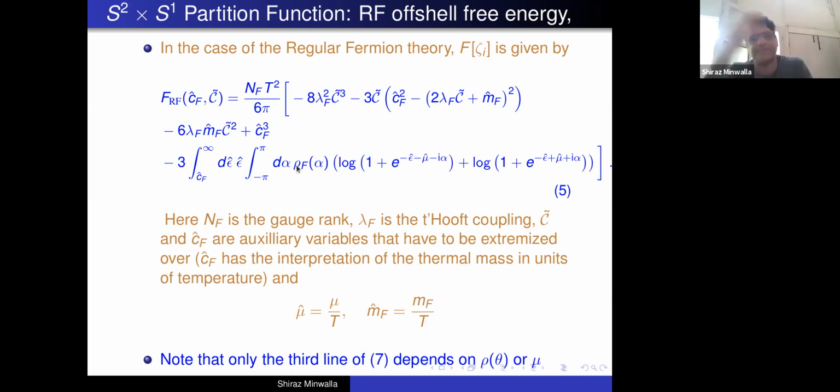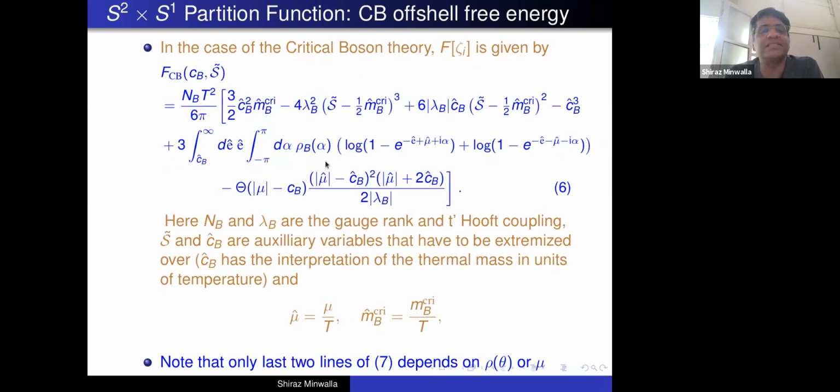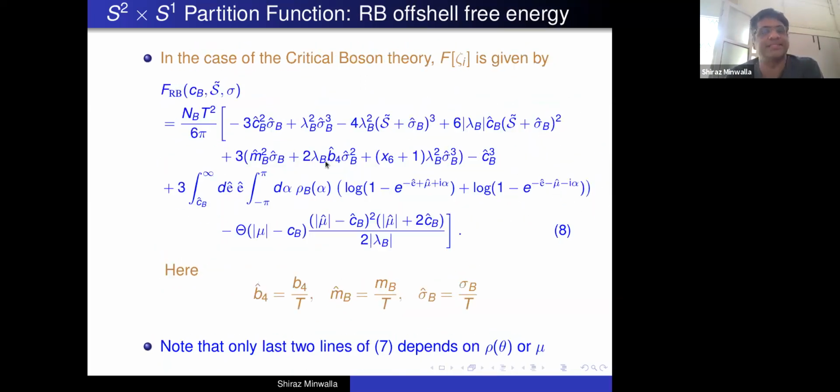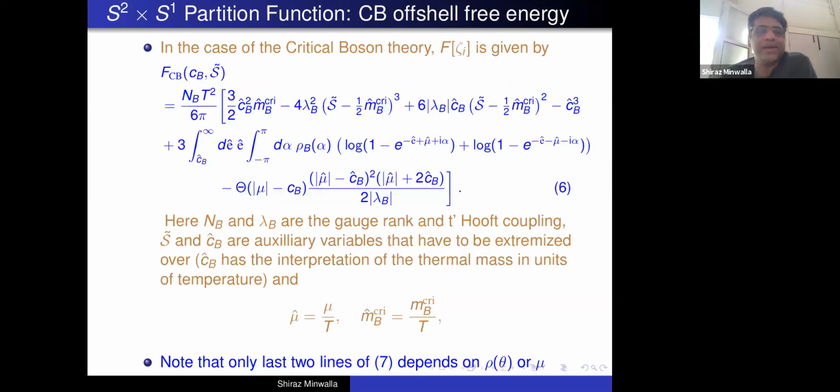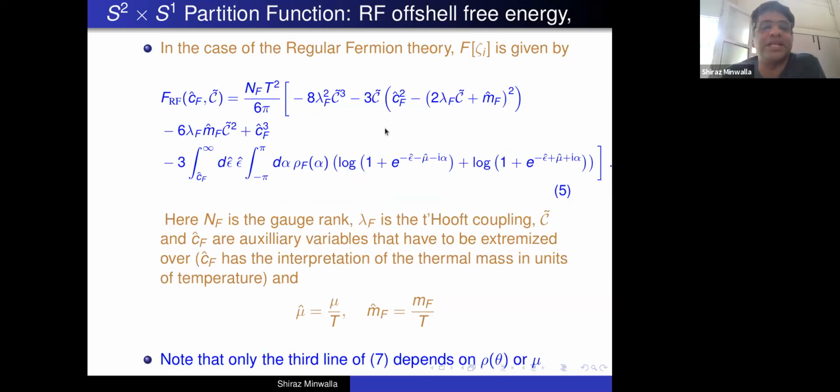So this is a function of auxiliary parameters and the eigenvalue density functions. And then there are similar such expressions for the other two theories. Okay, we don't really have the time to look at these expressions in much detail. The one thing I want you to notice is this, that let's say if we take the two fermions, there's a couple of lines in these theories which describe theory-specific kind of off-shell free energies.